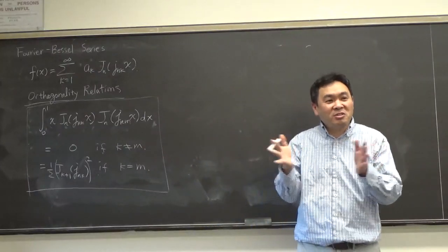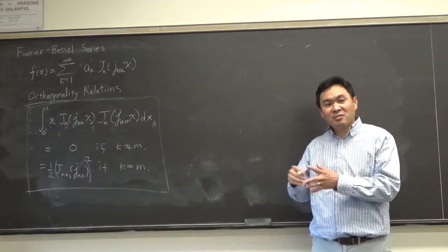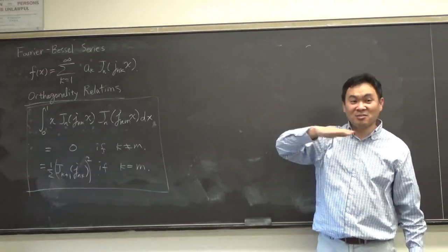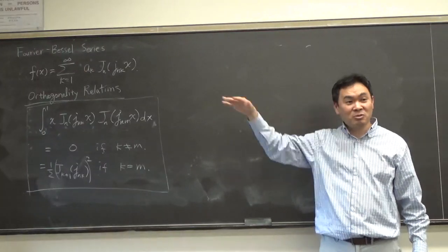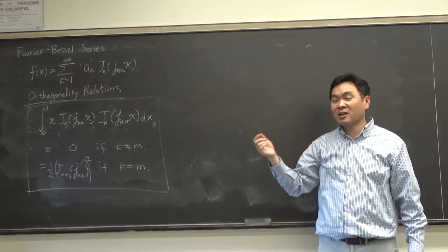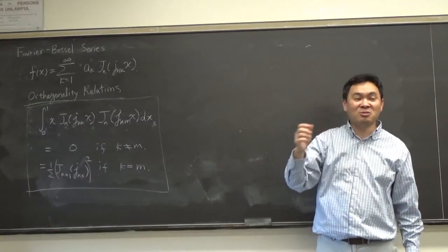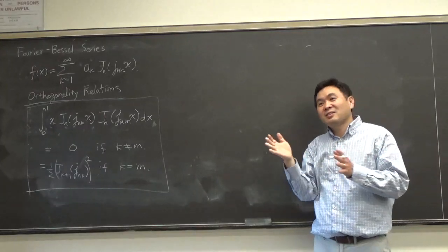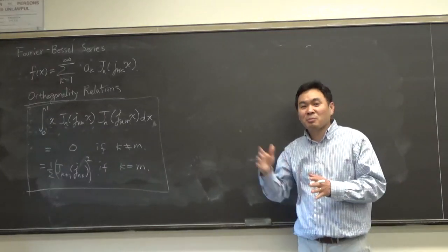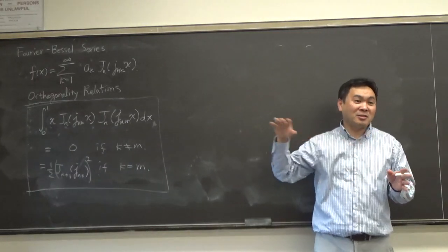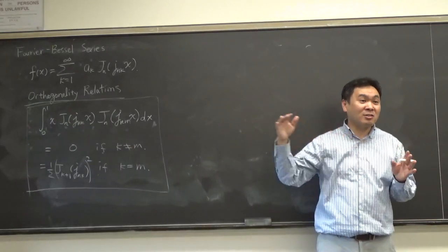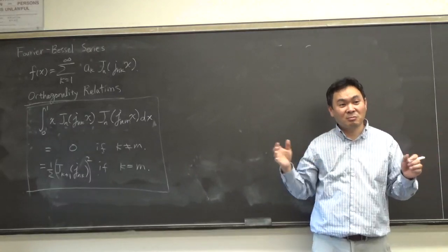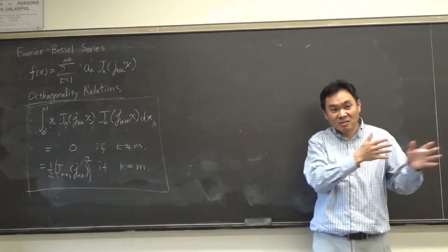It's almost equally spaced. So the thing is, I said the Bessel function is like a sinusoidal function that has decaying amplitude. So you might have the impression that the zeros will be equal multiples of each other. It's not really, but eventually, when x becomes very large, then it will behave more equally spaced. But it's not exactly equal.